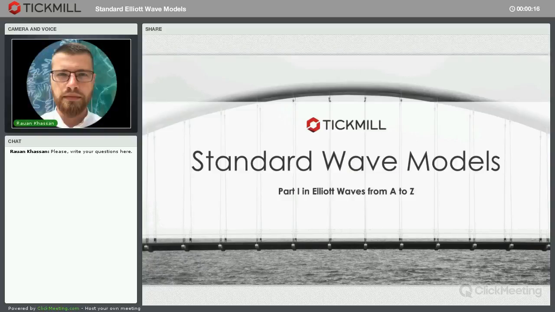To cover an interesting and certainly useful topic for individual traders, which is standard wave models. Today's webinar is the first part in the Elliott Waves from A to Z series. During this series, we will cover the main and more professional rules of Elliott Wave Theory.